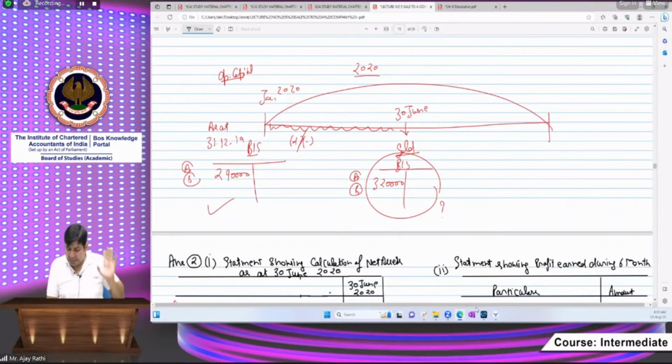If this is your opening capital and this is your closing capital, what profit have they earned? Everyone, questions we need to understand first, and these are repeated types of questions. Who will tell me?